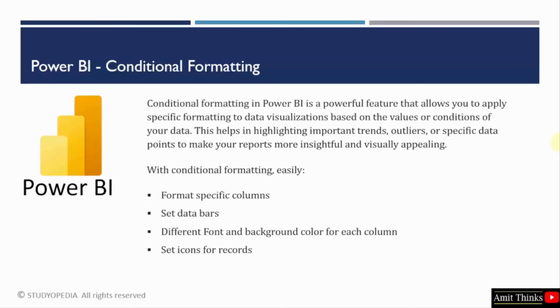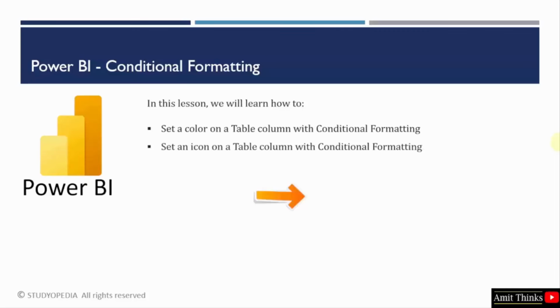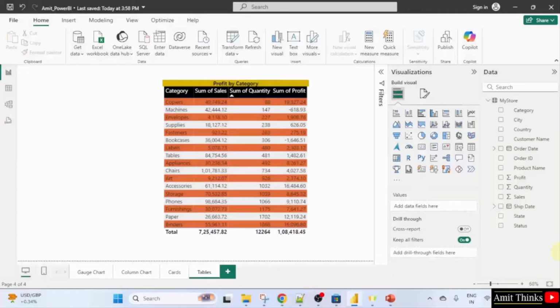So now we will see how to set a color on a table column with conditional formatting. With that we will also set an icon on a table column. So let us see the examples. Okay, so here was a table, we created a table.